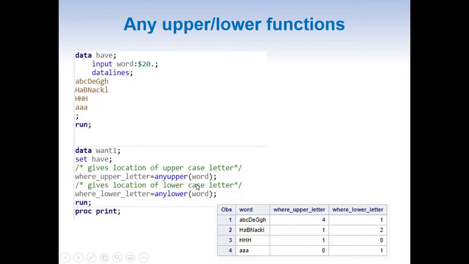So ANYUPPER finds the first occurrence of an uppercase letter, whereas for ANYLOWER the value is 1, which means that a lowercase letter starts at position 1. So to sum it up, the ANYUPPER or ANYLOWER function gives us the position of the uppercase or lowercase letter, and that too only the first occurrence.